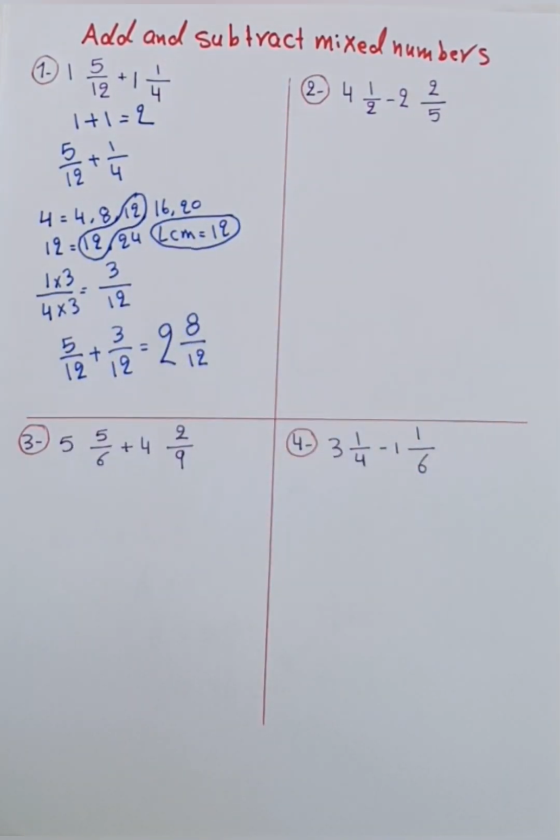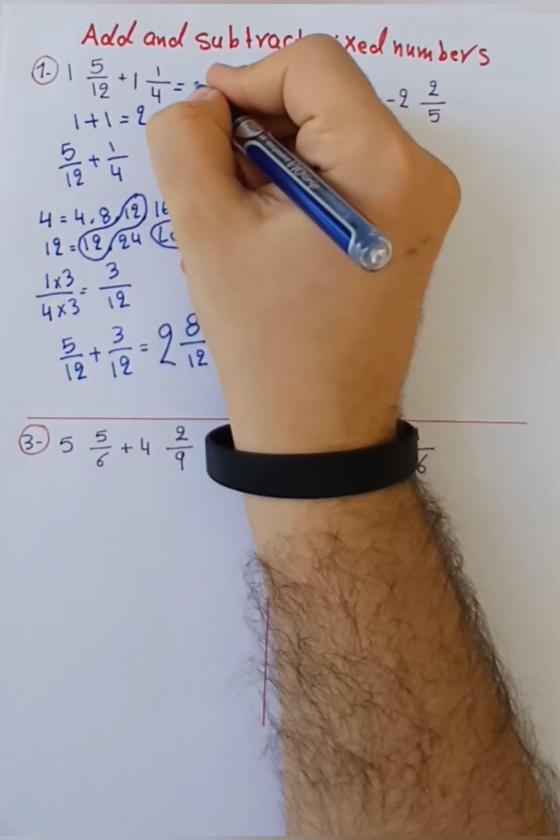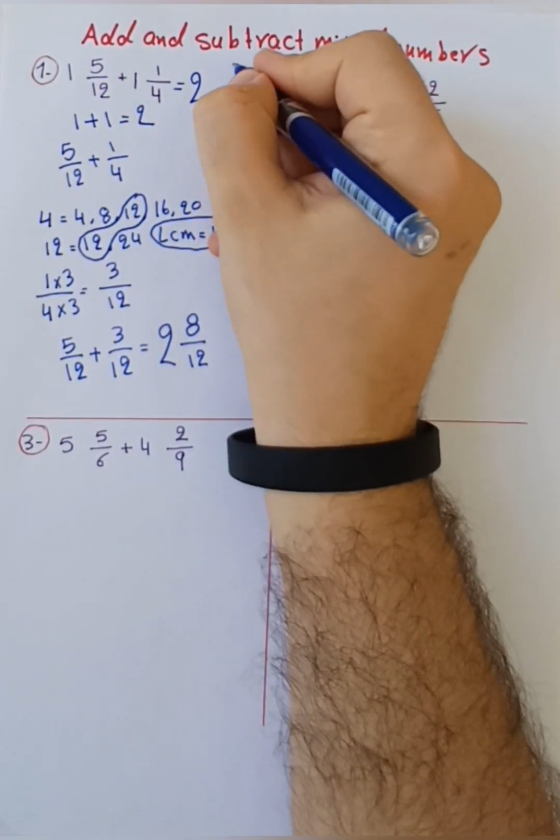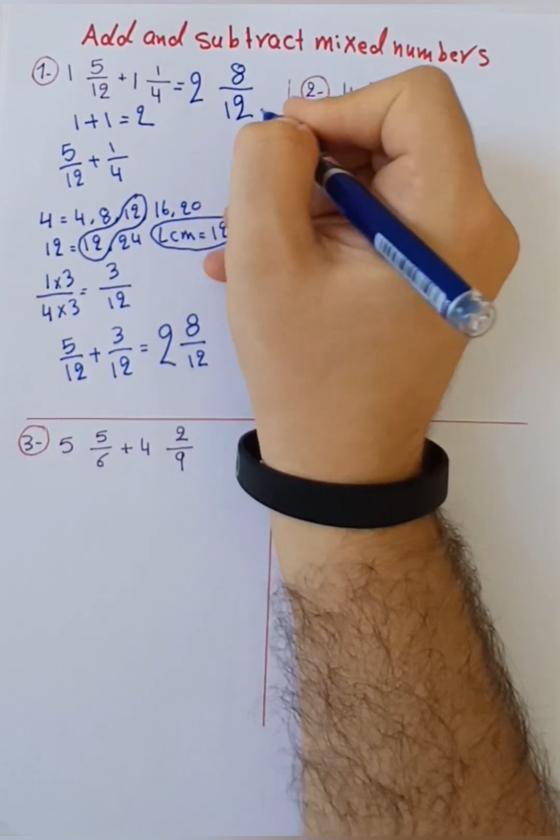We have to write 2 in front of the fraction. So the sum for these two mixed numbers is 2 and 8 out of 12.